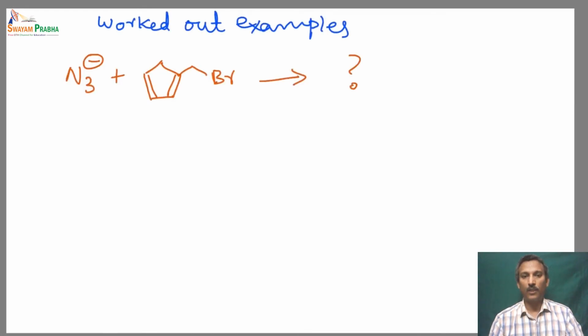Let us look at this particular example. Here, an azide reacts with furfuryl bromide, and we need to find out what the product is. So we are going to find the product when the azide anion attacks the primary bromide.